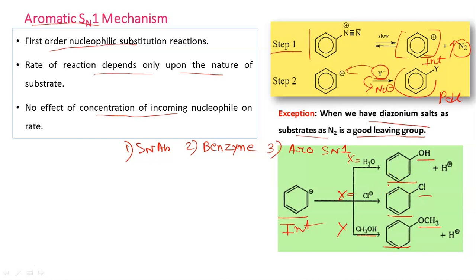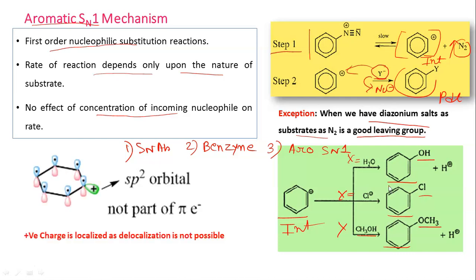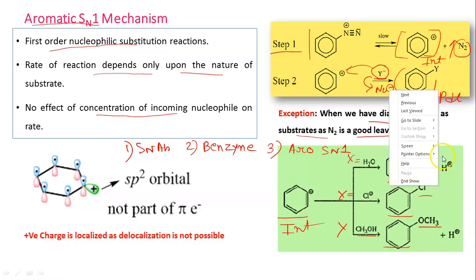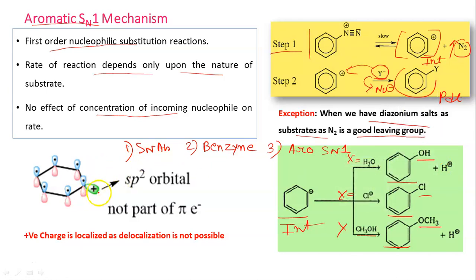Now we will see what is the structure of this aryl diazonium cation and why it is so unstable. So this is the sp2 orbital. When this N2 is removed, there will be a positive charge generation.